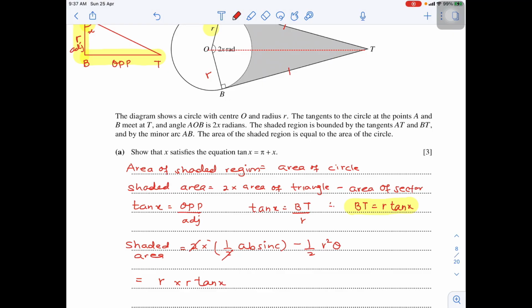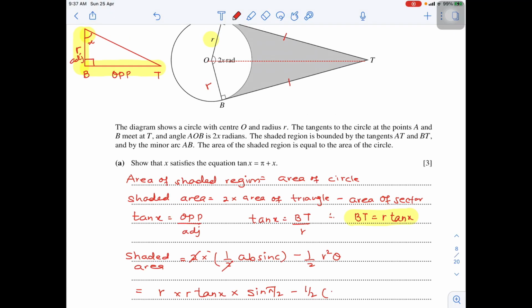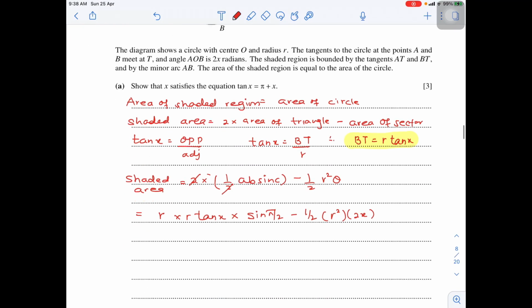I'm using that length and that length. Now r times BT is r tan x, times the angle, which is 90 degrees, so sine pi over 2, minus half r squared theta. So theta is 2x.